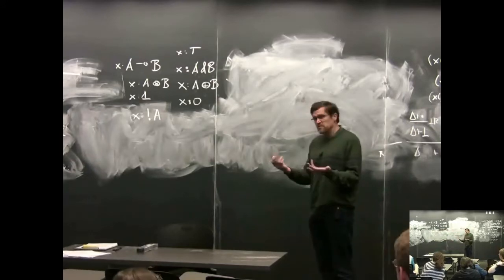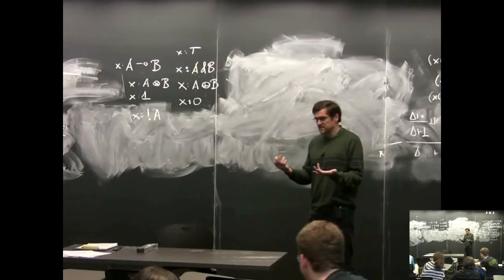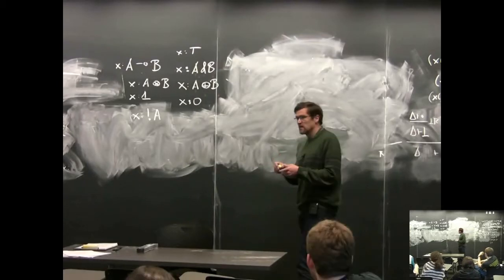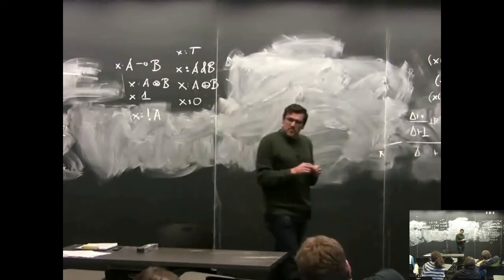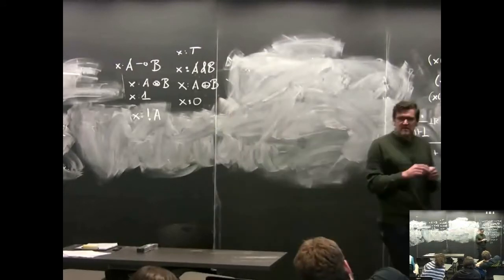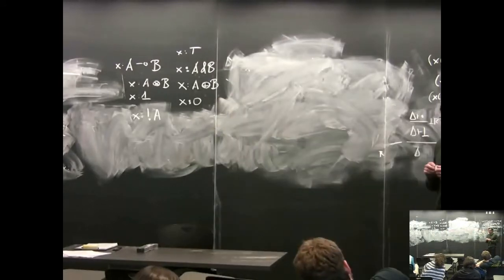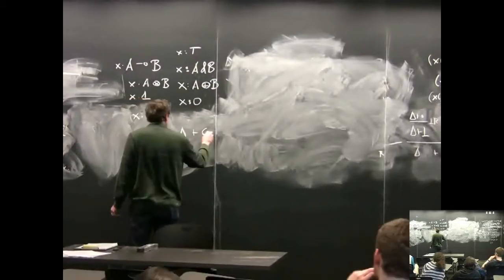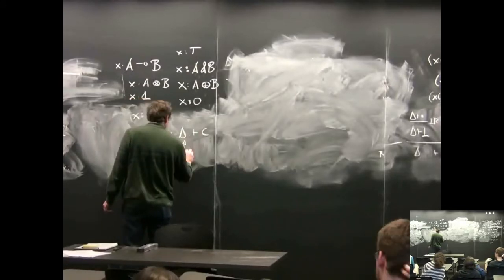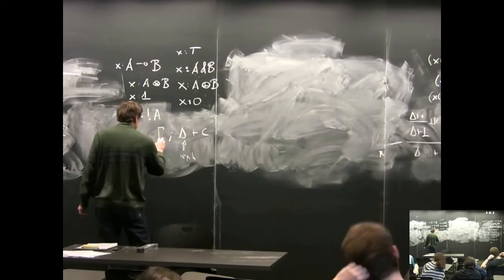Does anybody remember the rules associated with persistence? First of all, you have to remember that we generalize the sequent calculus like this. These are the ephemeral ones, and these are the persistent assumptions.